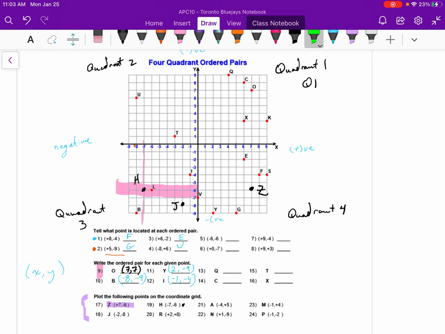So moving on to my last example for this video, R. R is going to be positive 2, positive 8. Remember that the first coordinate is your x. So x, I made a mistake there.